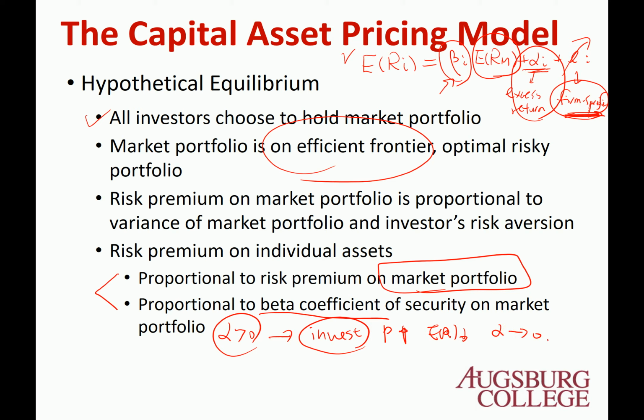So if alpha is positive, it moves to converge to zero. If alpha is negative, investors have an incentive to divest this investment, the price decreases, the return increases, so alpha again gets to zero. So in equilibrium, alpha also converges to zero, and the single index model works.